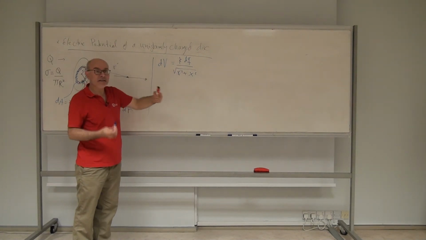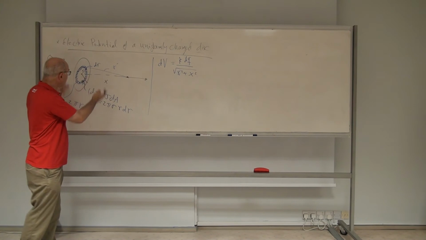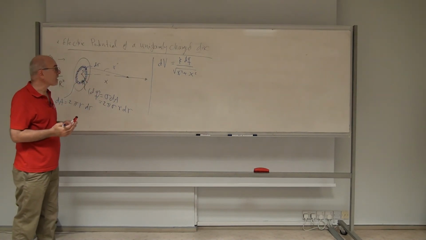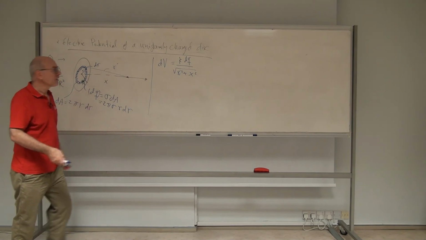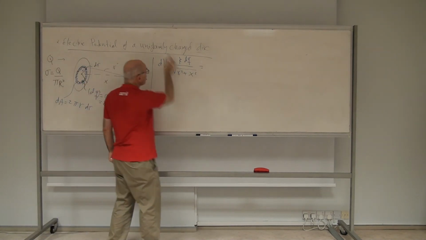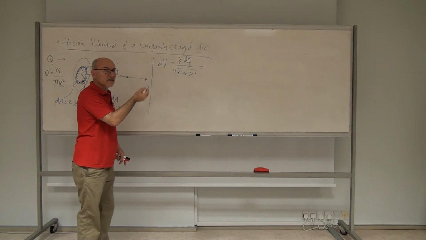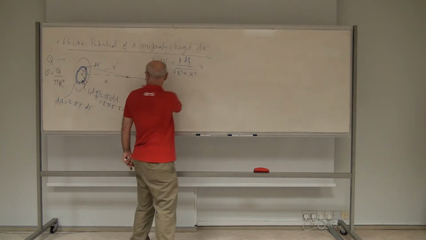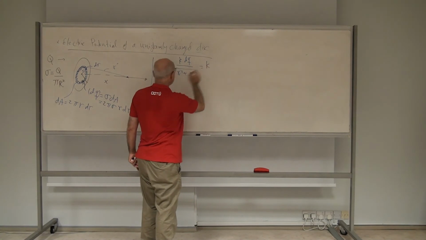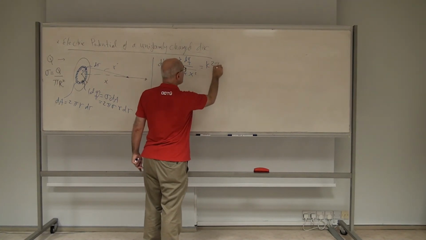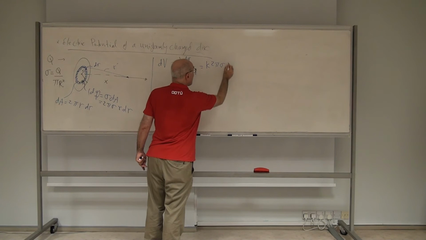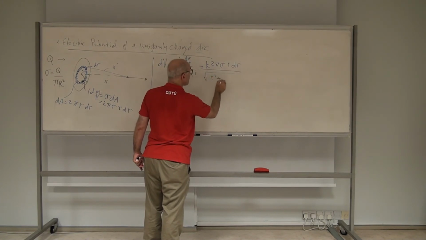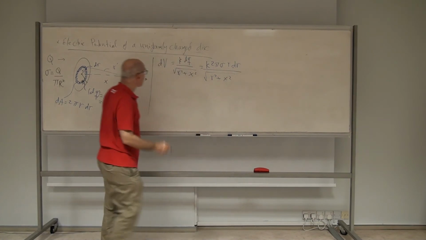The algorithm is this: I express dq in terms of the charge density and the geometrical dimensions that are given, and then integrate over the whole dV to find V. So what's dq here? I just substitute my result. dV is k times 2 pi sigma r dr divided by the square root of r squared plus x squared.